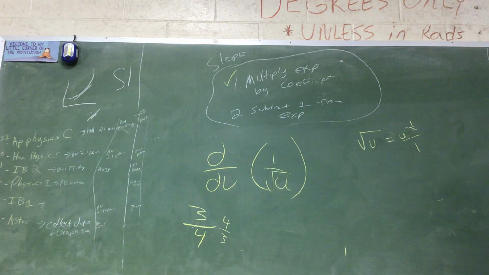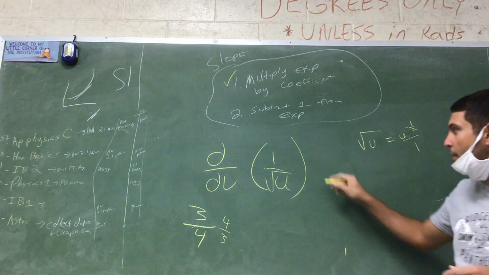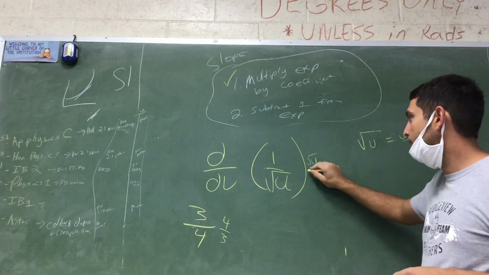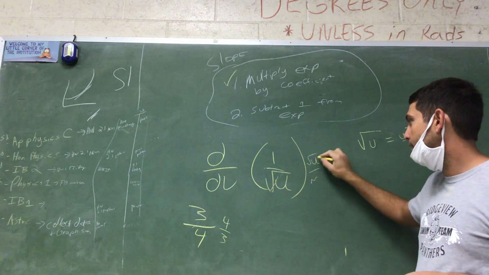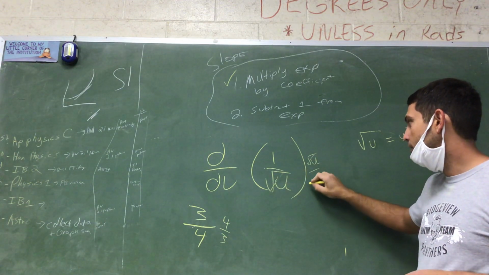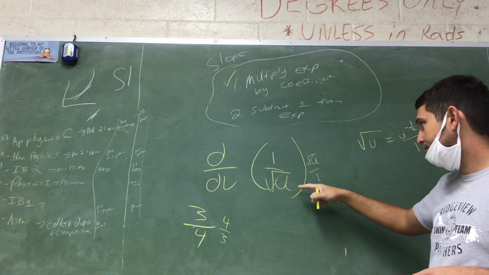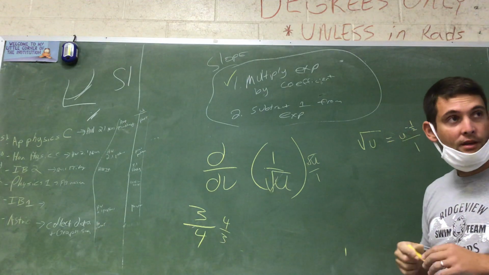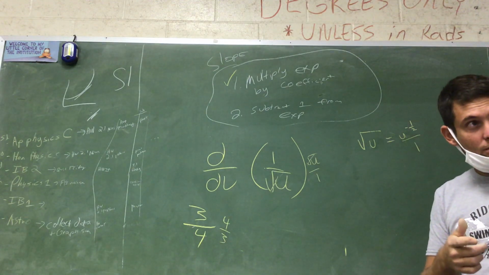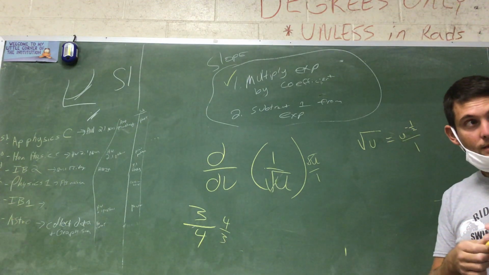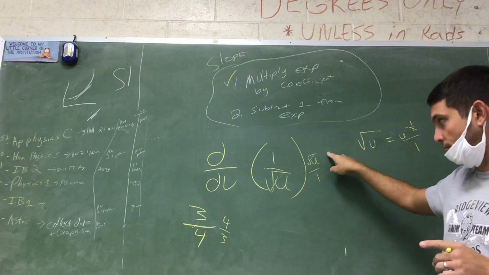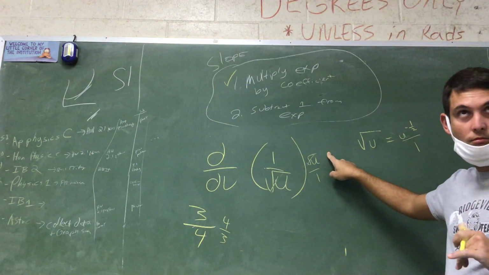I didn't really take the reciprocal. I kind of multiplied it by square root of u. Okay, so by multiplying the square root of u by the square root of u, that's getting rid of that and getting rid of that. Well, then the denominator would be u, and you would have a square root of u on top.